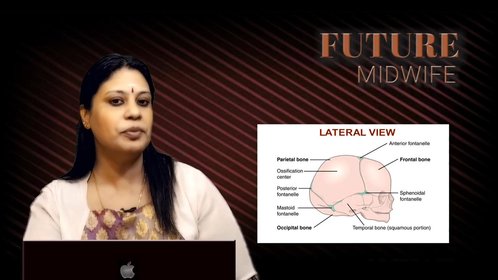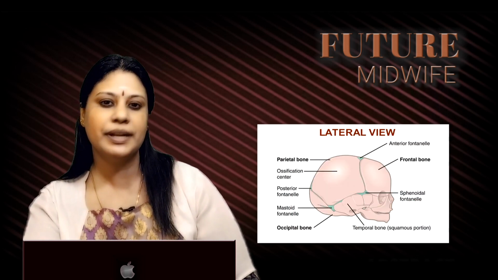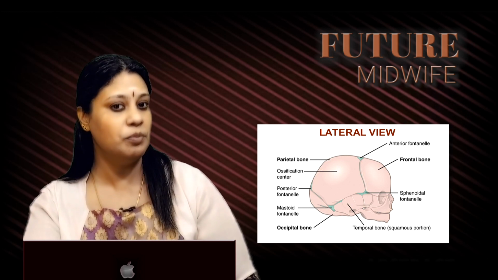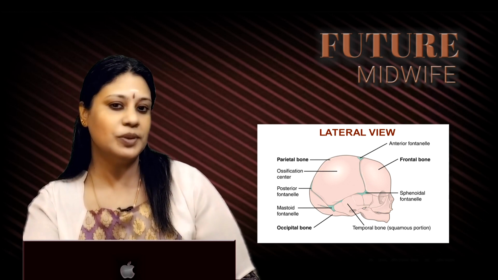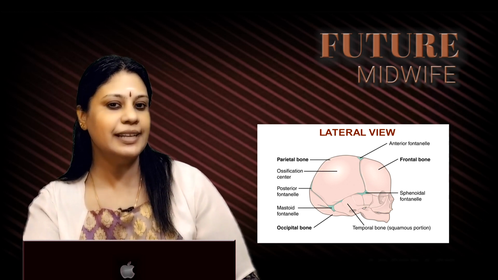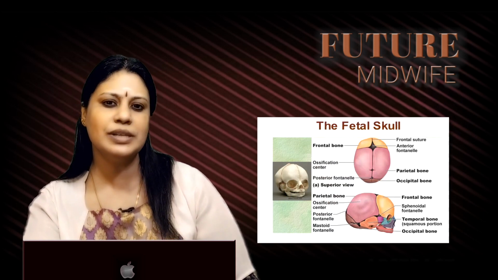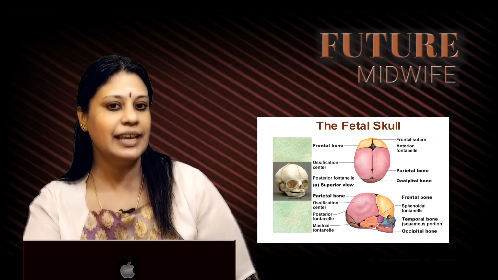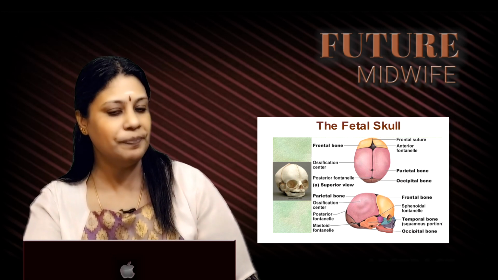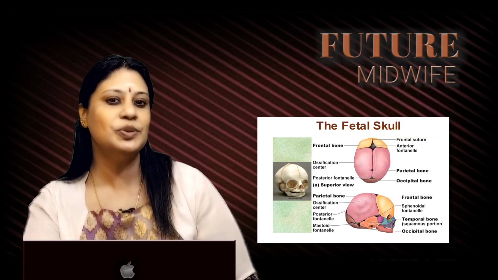Fetal skull is made up of the base of the skull and the vault or cranium. This vault is made up of anteriorly temporal bones and frontal bones, posteriorly occipital bones. At the side it is made up of two parietal bones. These bones at birth are thin and easily compressible, and are joined by sutures.